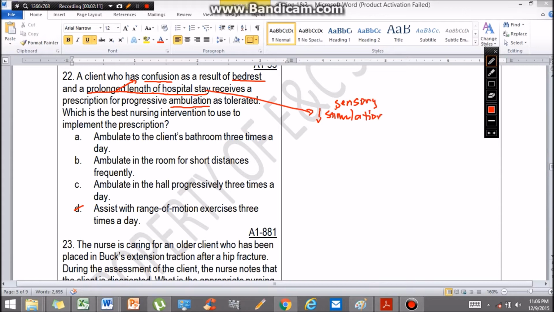The client is not being stimulated as often as when he is not in the hospital. So if this is the case, the client is prone to develop confusion. So take note of that. If you're deprived of sensory stimulation, you can develop confusion. Knowing this, we can now find the right answer.